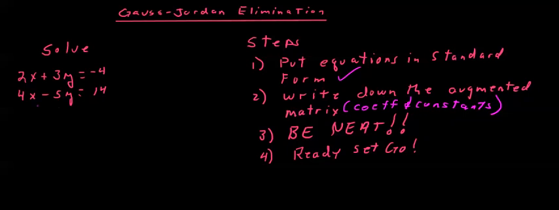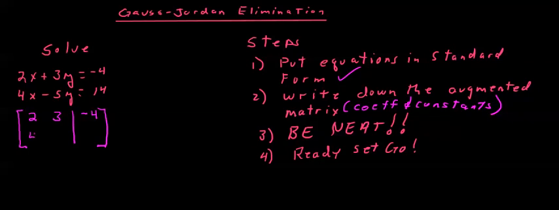That's nothing more than a matrix with the coefficients and constants. What is that? This notation means matrix. We write down just the coefficients and the constants, and we separate them by a bar.